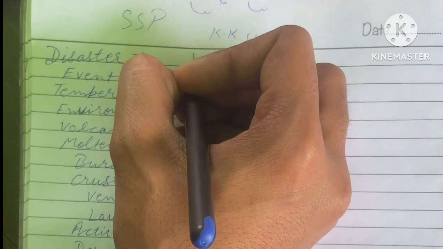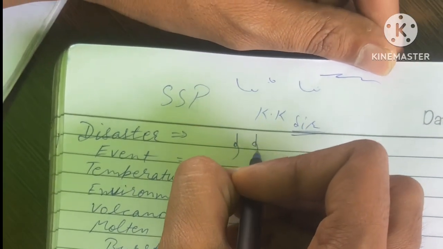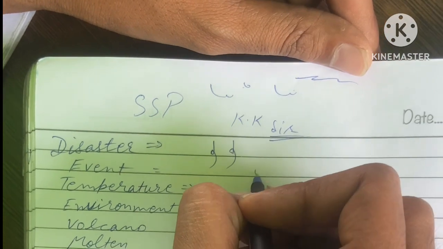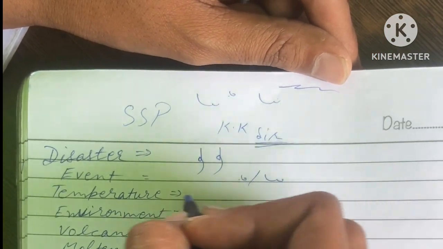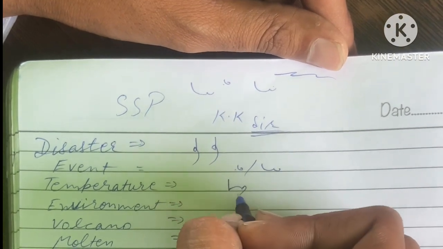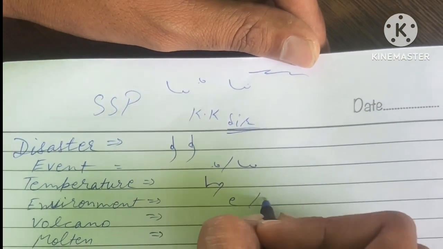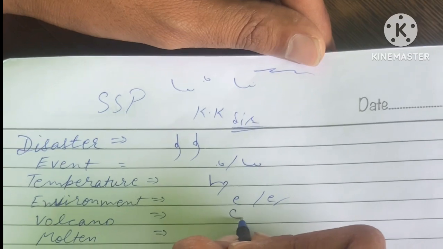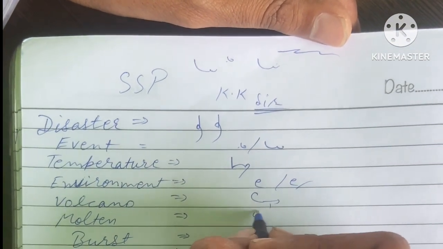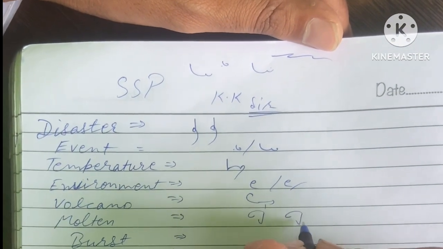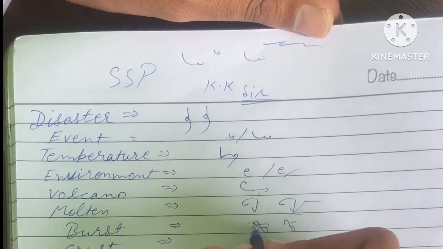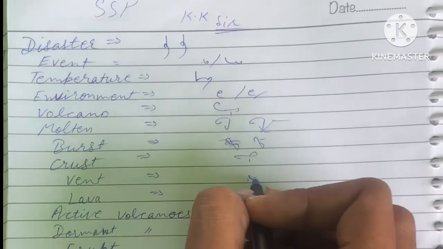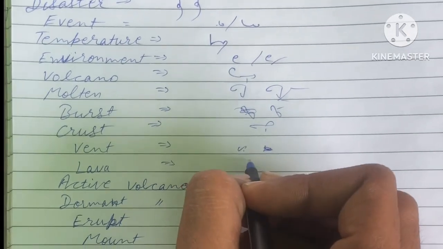Disaster. Event. Temperature. Environmental. Volcano. Molten rock. Burst. Crust. Vent.